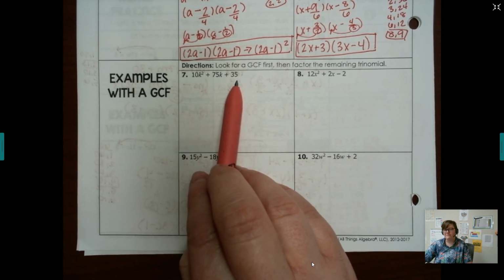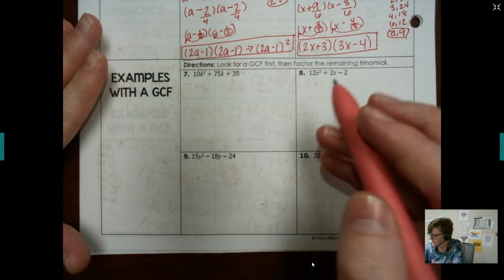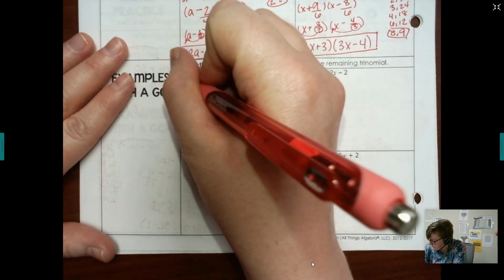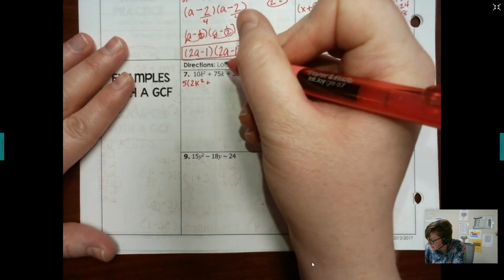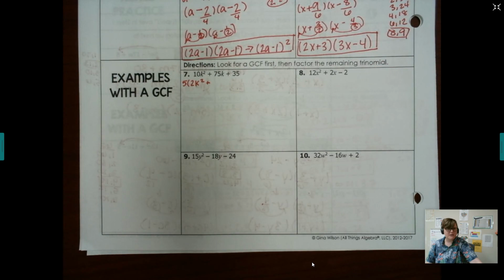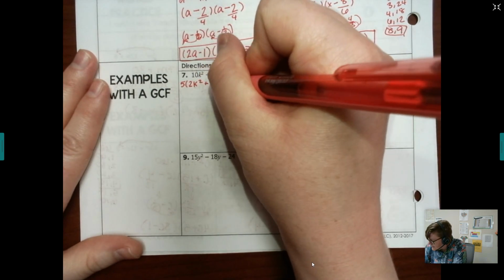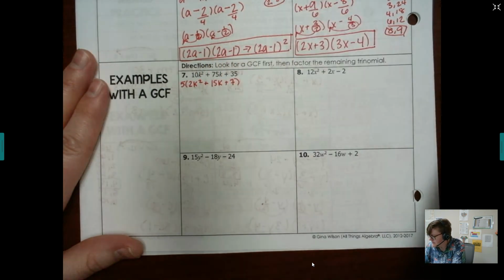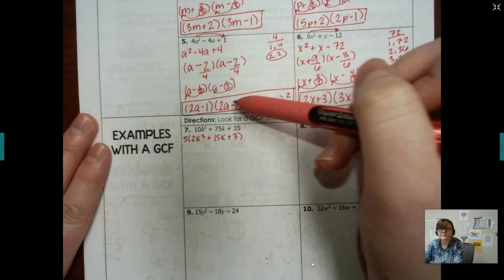Those are all divisible by 5, but that'll still leave something in front of the k squared. So we'll have 5 times 2k squared plus, I think that's 15k. 75 divided by 5, yes, 15k plus 7. And then from here, we'll do what we've been doing on these.